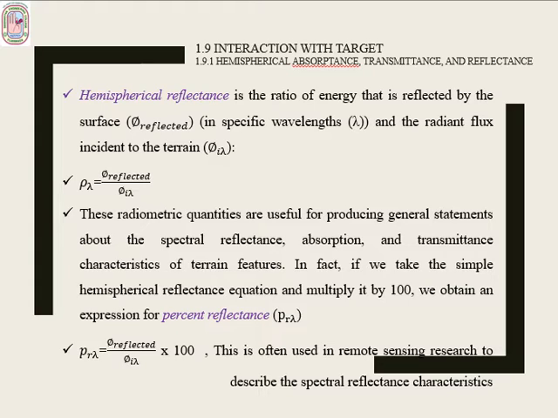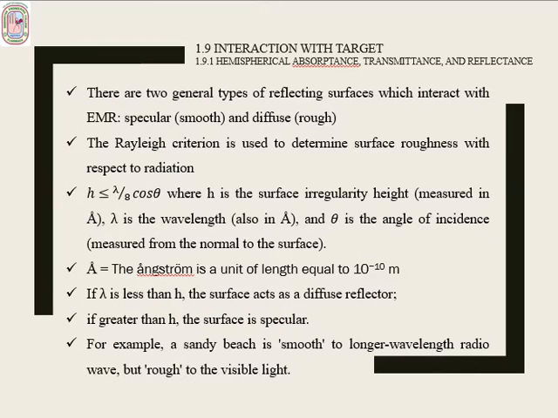These radiometric quantities are useful for producing general statements about the spectral reflectance, absorption, and transmittance characteristics of terrain features. In fact, if we take the simple hemispherical reflectance equation and multiply it by 100, we obtain the expression for percentage of reflectance. Similarly, we get percentage of transmittance and percentage of absorptance.